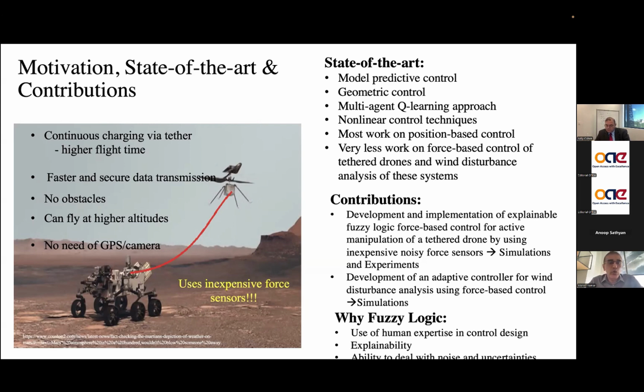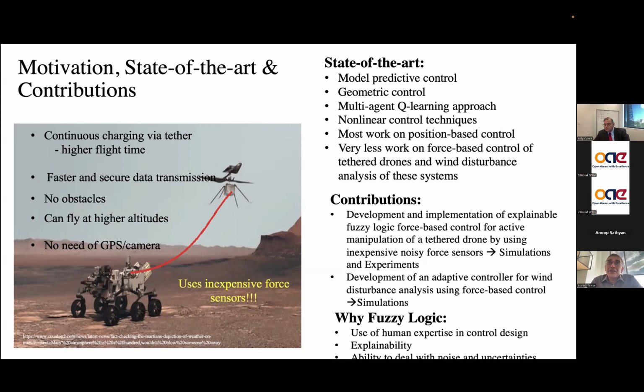Why not use the same concept in developing this technology of actively tethered drone. What you see over here is a very interesting use case of attaching the drone to a ground vehicle, ground robot, rover. In this case, this is the Martian rover and the Martian helicopter.